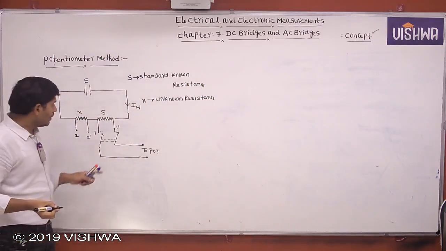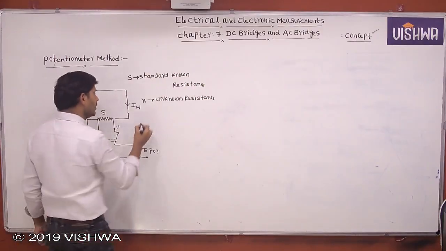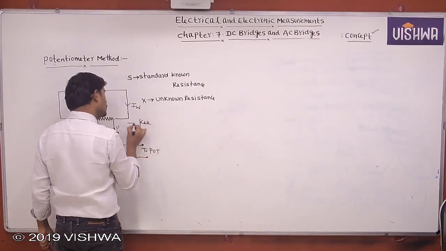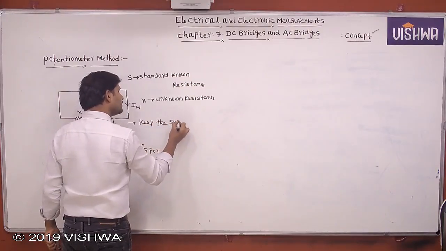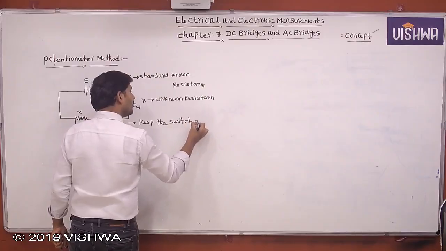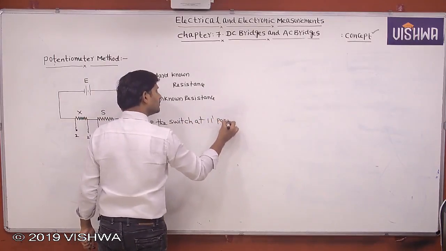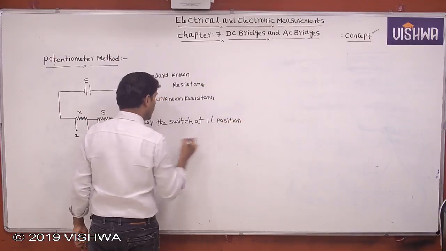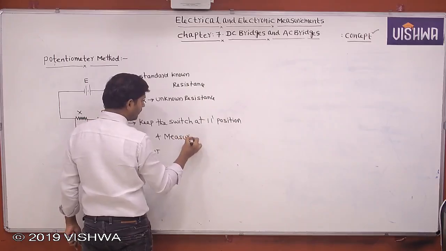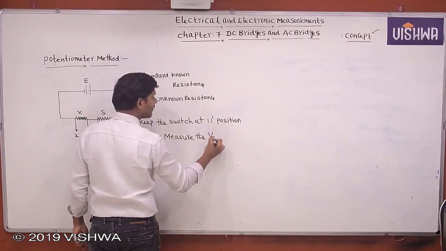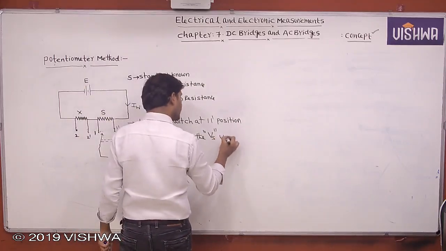First keep the switch at the 1 dash position. It is a 2 step experiment. Keep the switch at the 1 dash position and measure Vs, the voltage across the standard resistance, using the potentiometer.